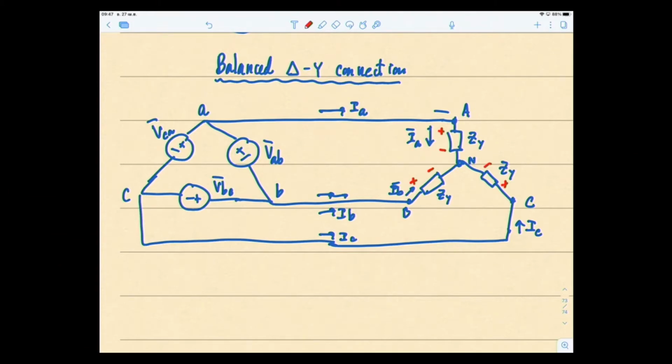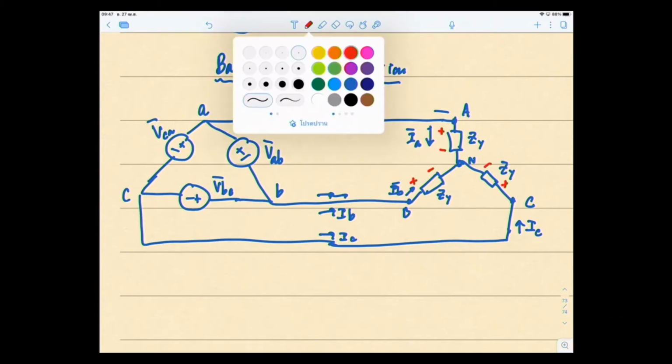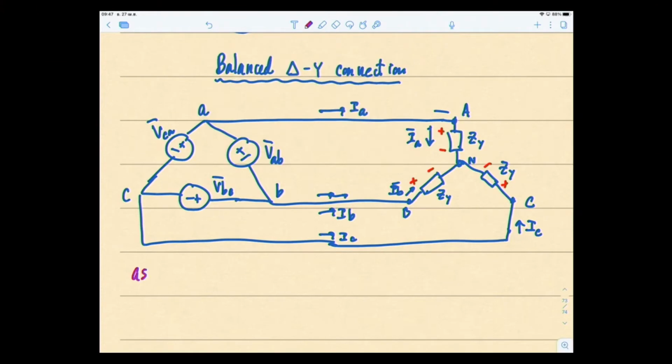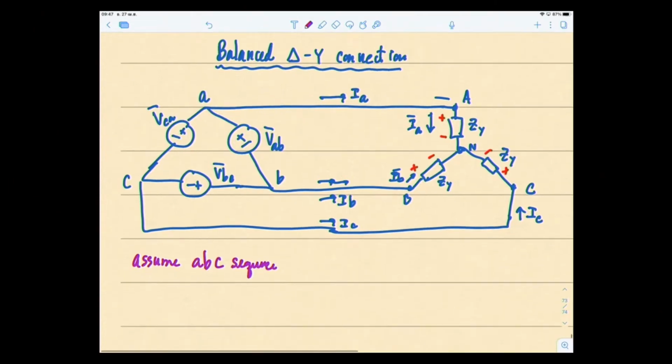So we're going to assume that on the supply, it's an ABC sequence. Therefore, VAB would be a magnitude V phase and angle 0 degrees volt.